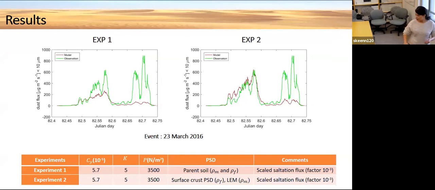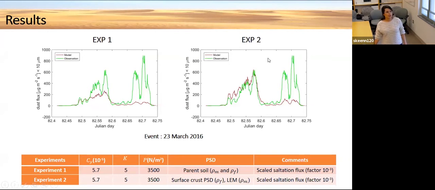So here in these 2 graphs, I have compared the second and third experiments. For the second experiment, we just replaced the scaled saltation flux and worked on the scheme parameters. But for the third experiment, we tried to have a better representation of the particle size distribution, because we found that we were not covering the variation of the magnitudes of the dust emission flux.